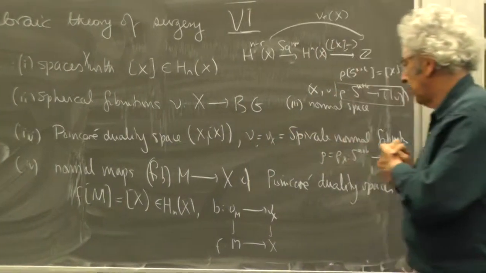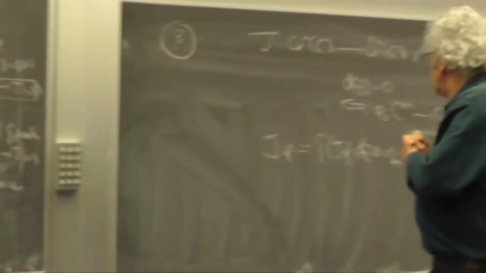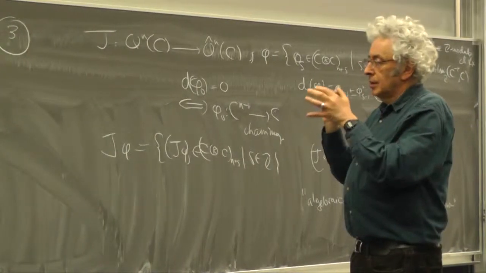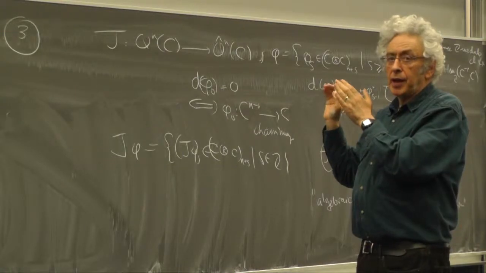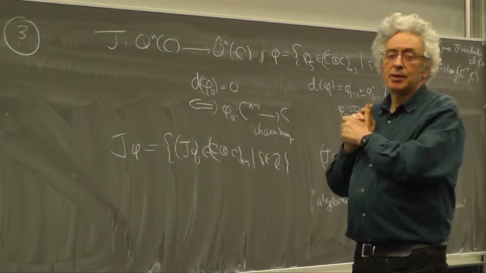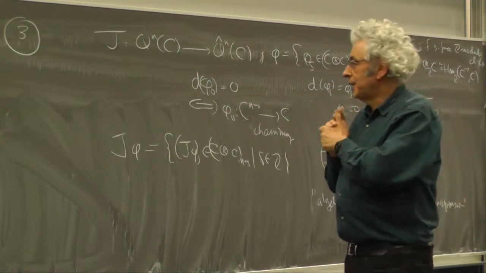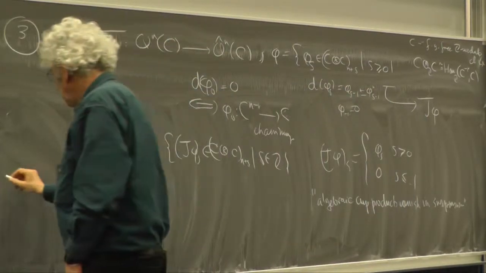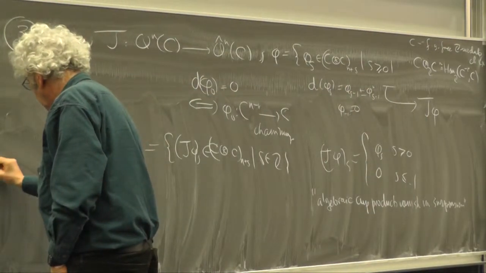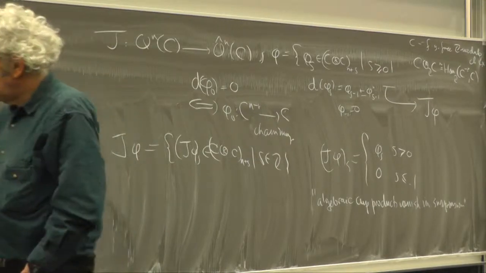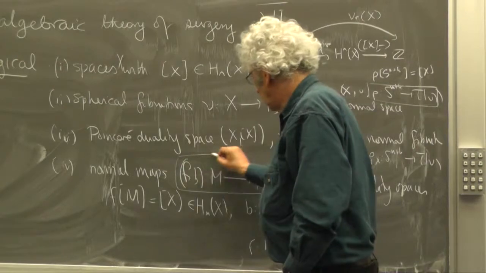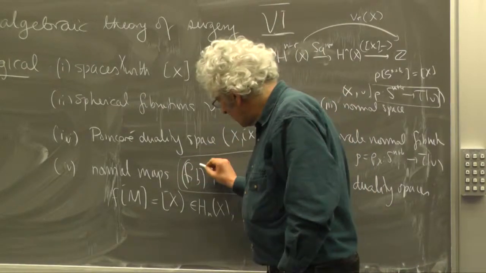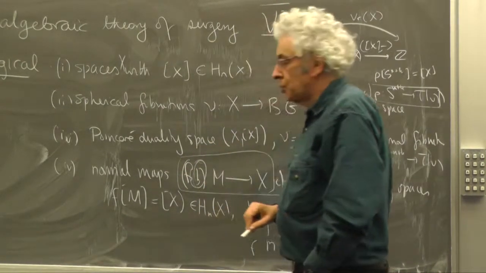If you have a normal map, part of M is X, and the rest of M is where the bundle is trivial. Okay, and we're going to use the explaining the algebraic translation of a bundle map, how do you see the choice of B in algebra?